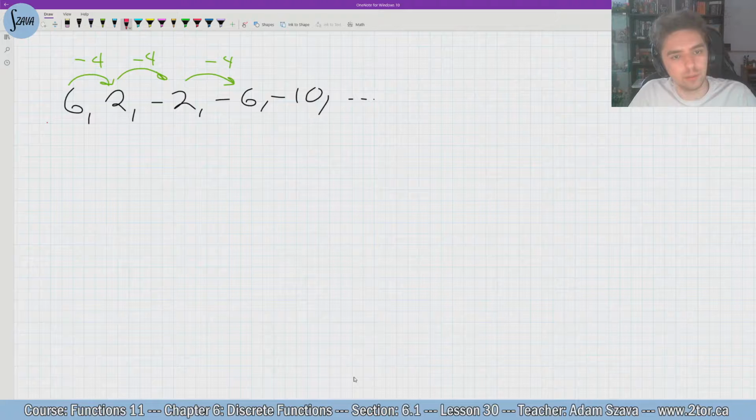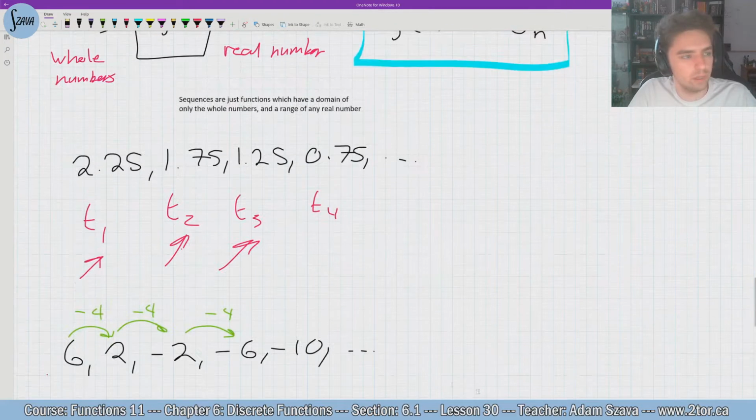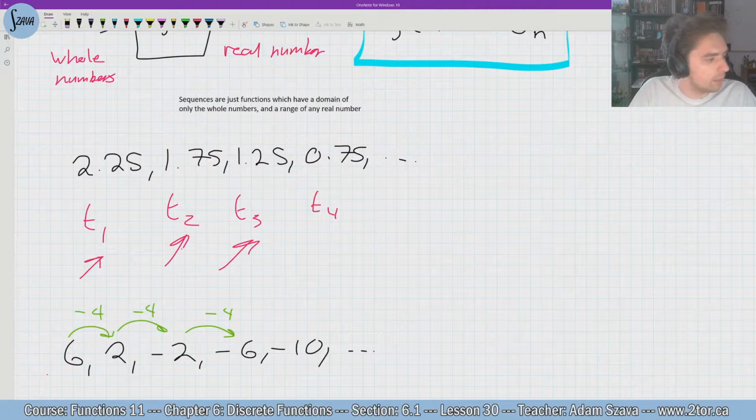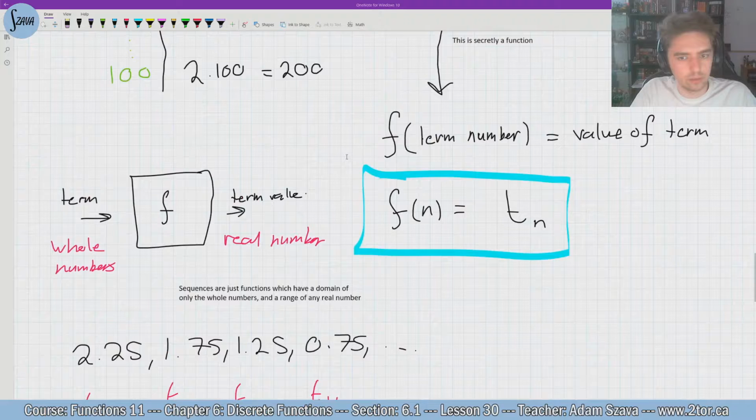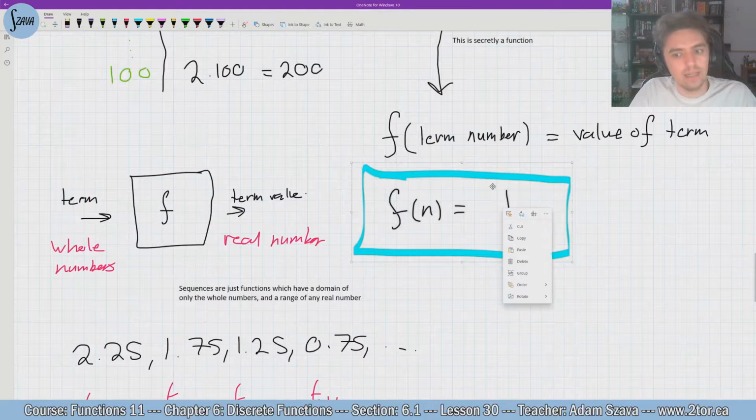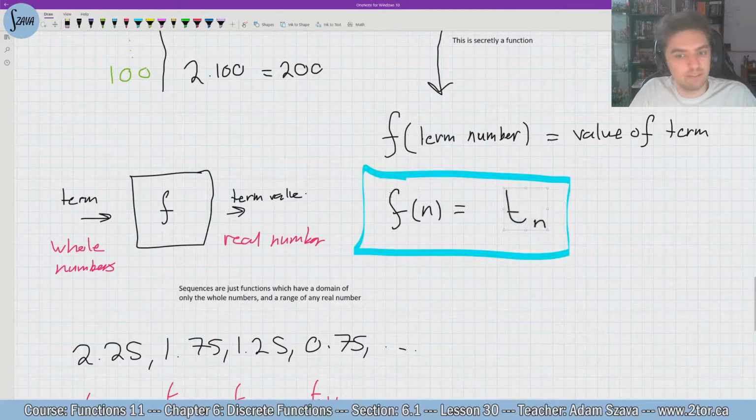That's term 1, term 2, term 3, term 4, term 5. So the main takeaway is essentially this equation: the nth term of a sequence is a function of the term number.